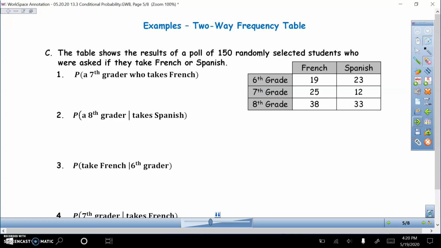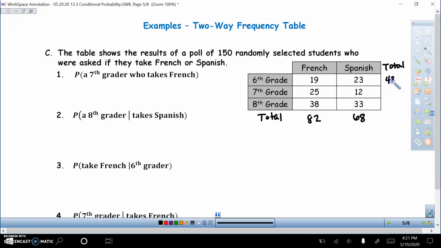This table shows the results of a poll of 150 randomly selected students who were asked whether they take French or Spanish. Start off the same, find your totals. The total people who take French, there's 82. Total who take Spanish, there's going to be 68. Find your horizontal totals. 6th graders, there were 42 surveyed, 19 plus 23.